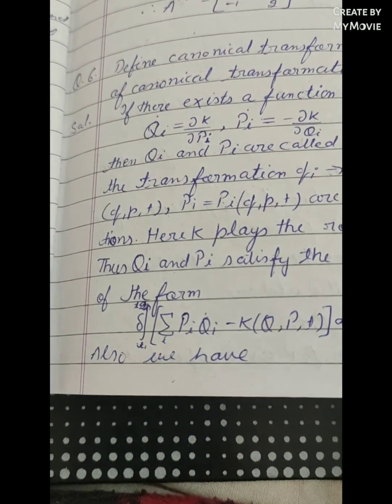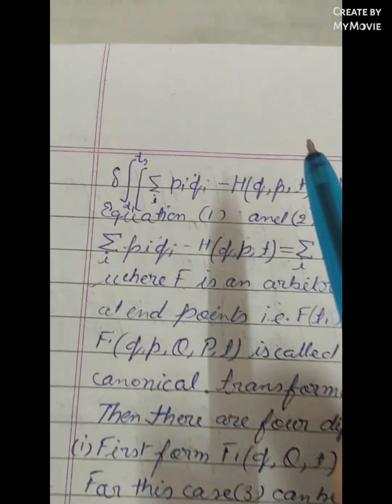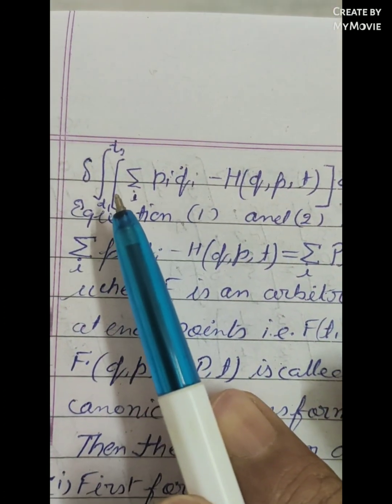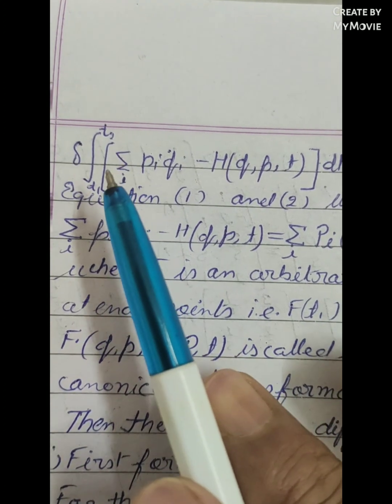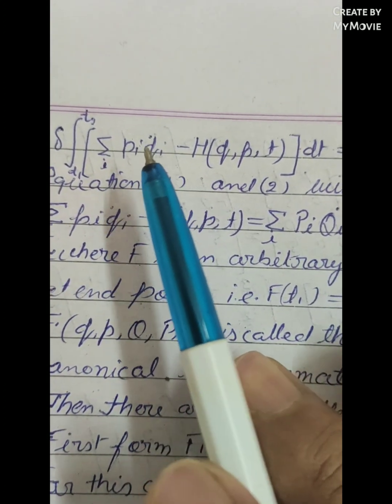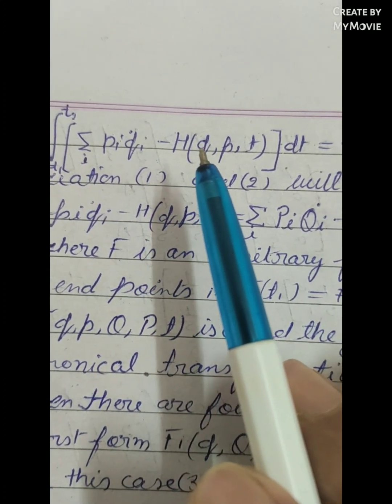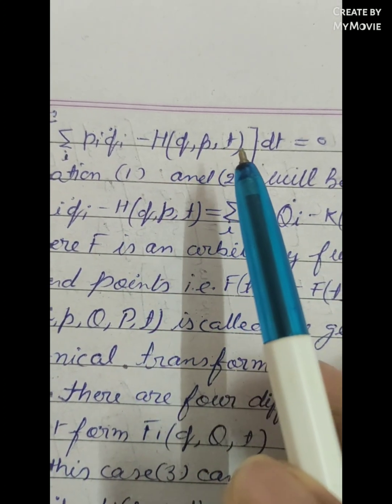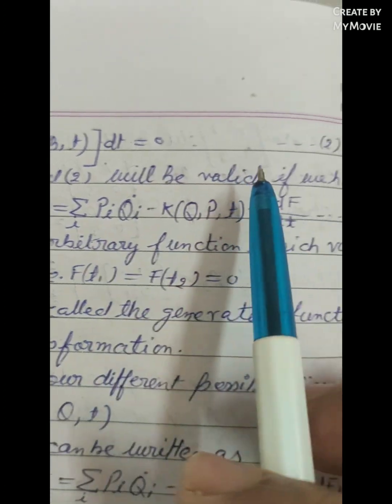Also we have δ∫ from t1 to t2 [Σ pi qi dot − H(q, p, t)] dt = 0. This is equation 2.